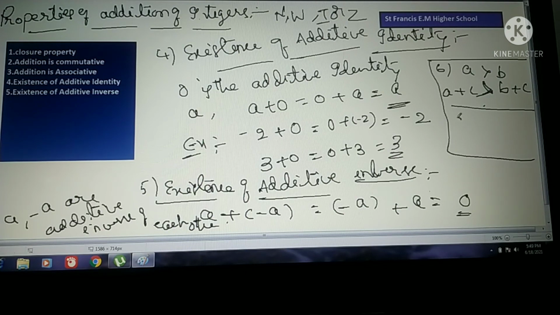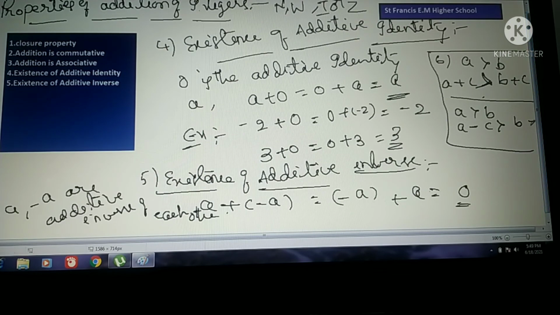Another one is there. If a greater than b, if you subtract the same number on both sides, a minus c greater than b minus c. See here. So the sign will change here. Greater than will not be there. This will become less than. Okay, sign will change.